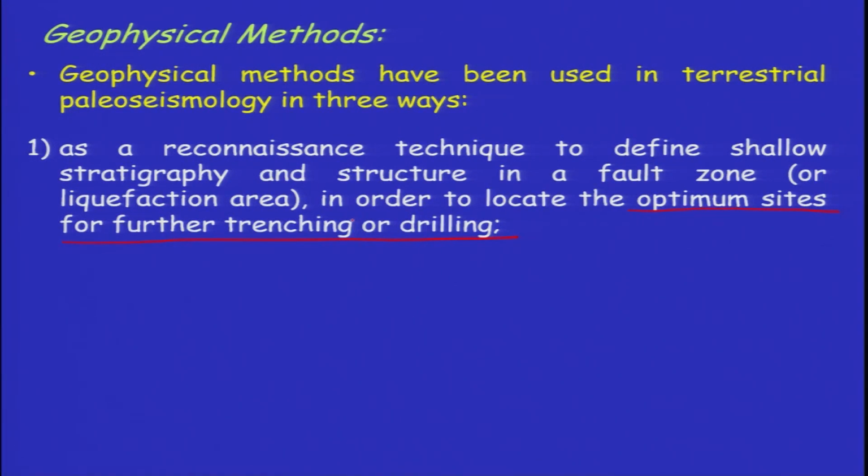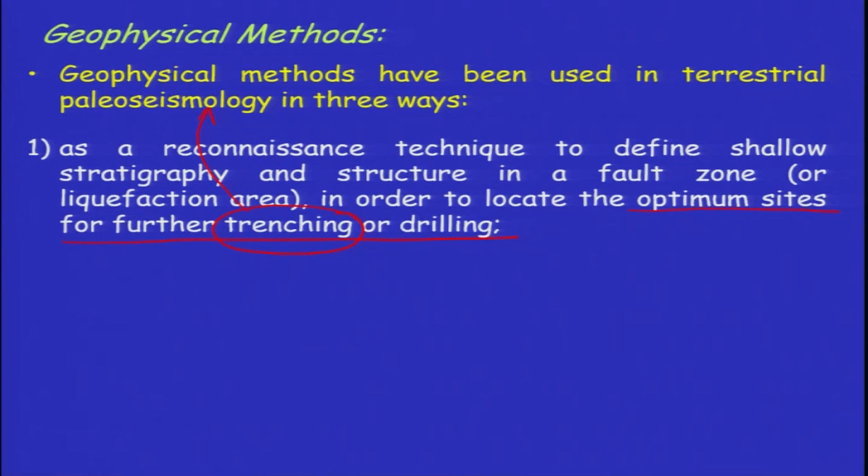The optimum site for trenching is extremely important, because this is going to be a very tedious job. If you miss the fault, you may keep digging the area, which may not be allowed because of environmental constraints. So, you have to be very precise when you put the trench to do detailed paleoseismic studies.